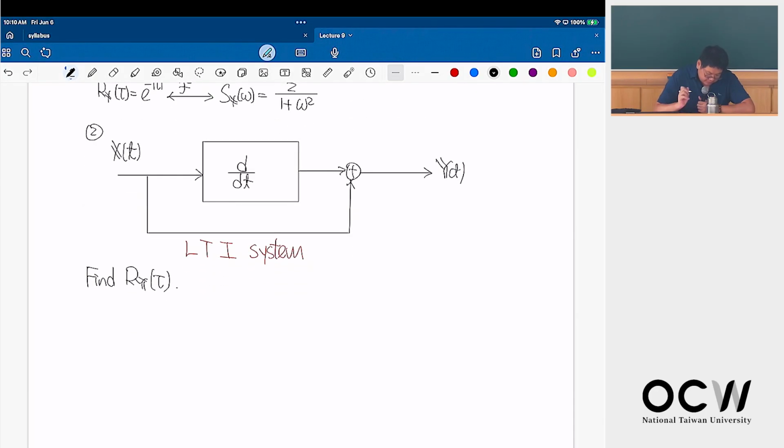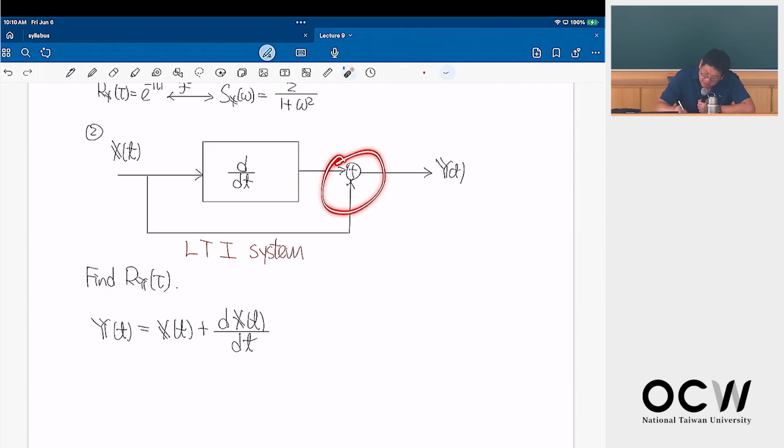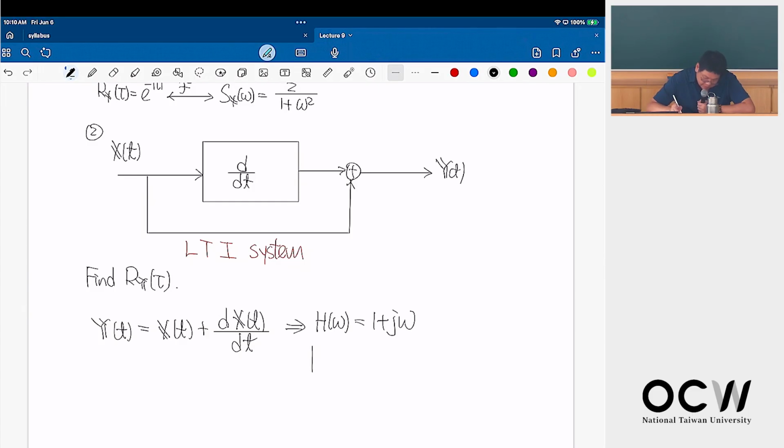So first, let's write down the equation of x and y, their relationships. Y should be equal to x plus dx over dt. This means that my system response h is 1 plus j omega. And then the magnitude squared will be 1 plus omega squared.